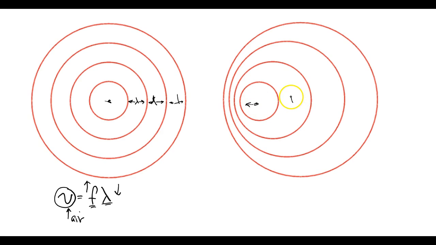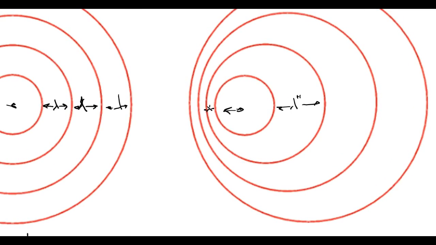So this is the perceived wavelength there, and then this is the perceived wavelength, and I'm going to put a little prime. That is the perceived wavelength. So let me make this even bigger. I'll erase that. So if you're behind the source and it's moving away from you, you're going to get these wavefronts less often, which means that your perceived frequency is less than the actual frequency.